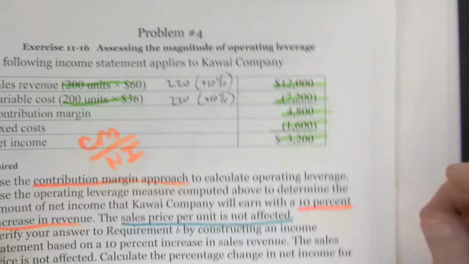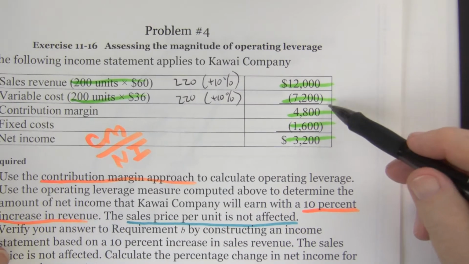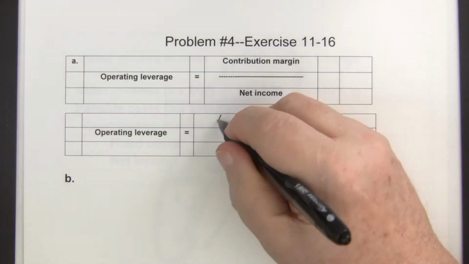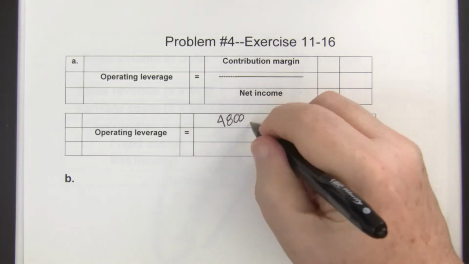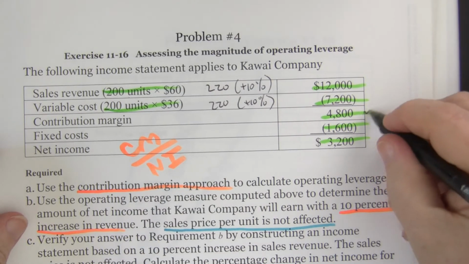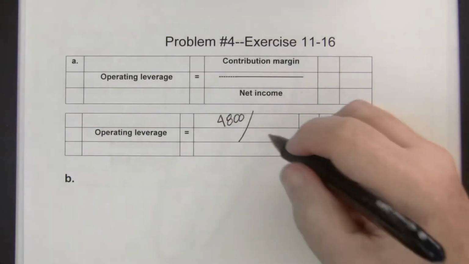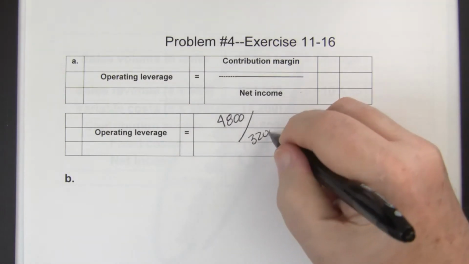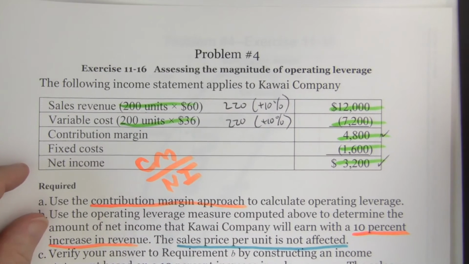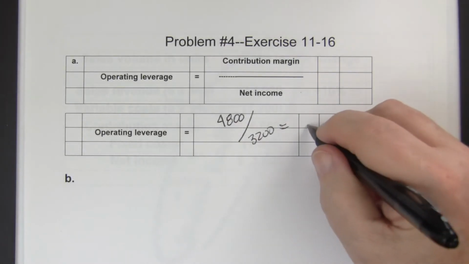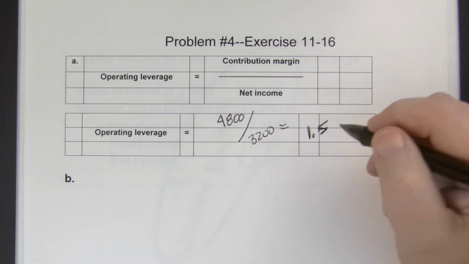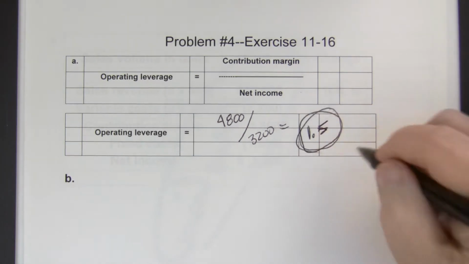So the contribution margin they give us is 4,800. The net income they give us is 3,200. So the leverage, 4,800 divided by 3,200, is 1.5. So that's their leverage, 1.5.